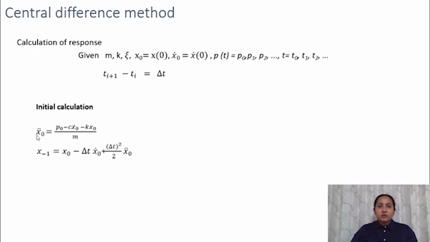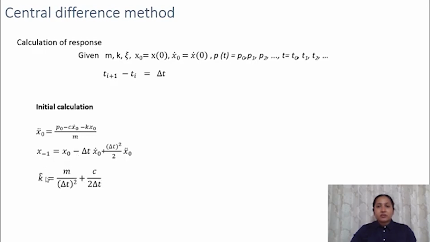So we know the displacement, velocity and acceleration at time 0, and we can calculate the displacement at the previous time instant, that means the displacement prior to the application of the force. So that is x_{-1}. We can calculate that using the finite difference expression for acceleration. So using this formula, we can calculate x_{-1}.